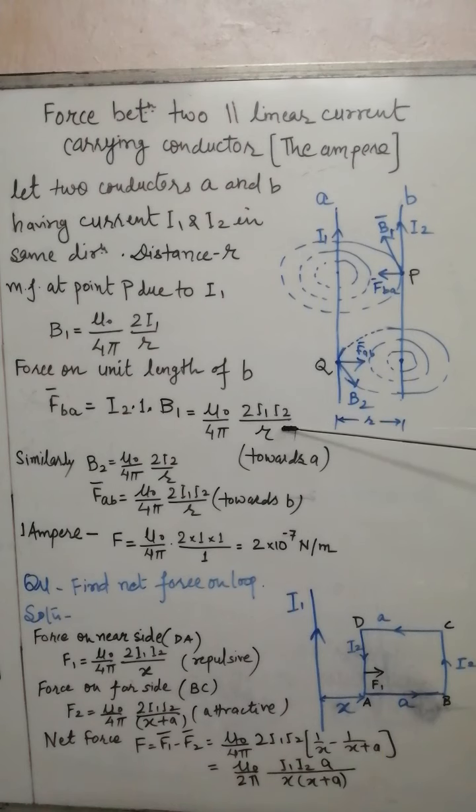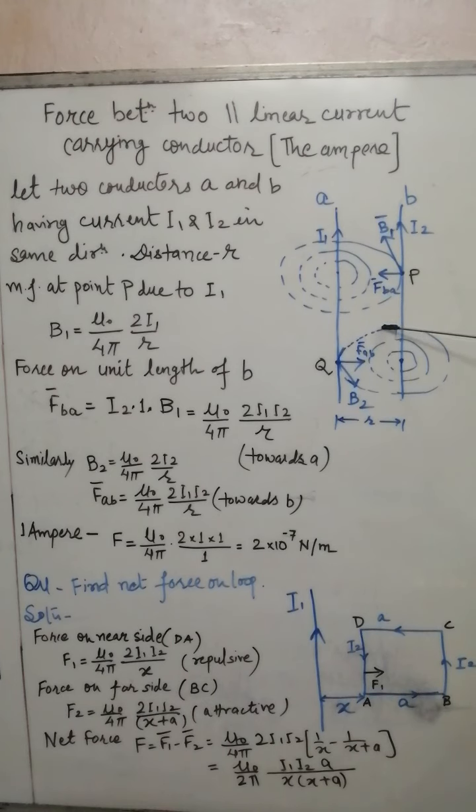Similarly, if we want to know the force on the first conductor A due to the second, we will get the same expression. What will happen? The magnetic field due to conductor B, having current in the upward direction, will again have field lines in the anti-clockwise direction.